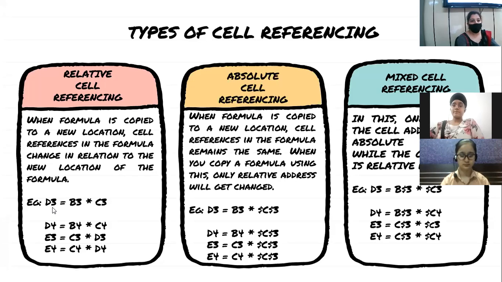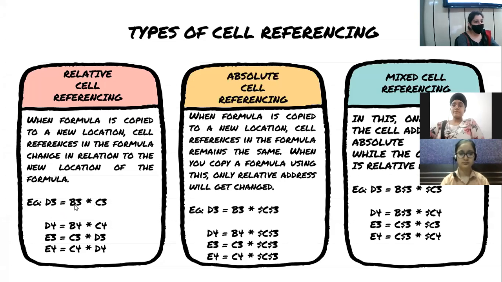I have taken in cell D3 is equivalent to B3 multiplied by C3. So when I copy this formula into the cell D4, the content will get changed. Now you can see the column is same, but the row is getting changed. D3 से D4 में आ रहे हैं, the row number is getting changed, right?